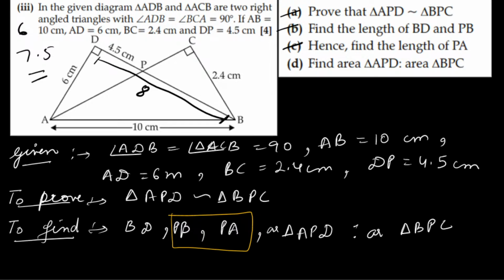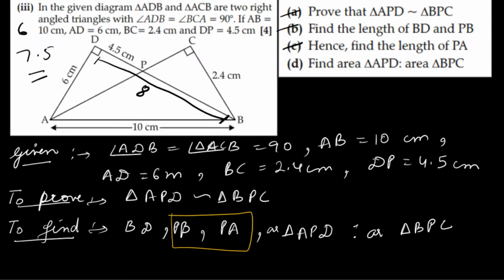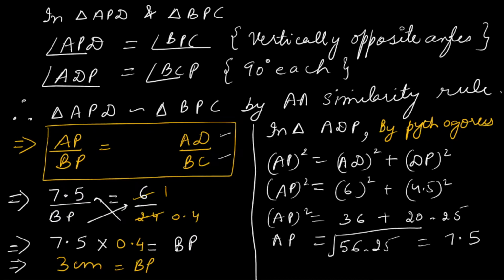AD is 6, and BC. Okay, is there anyone else who is getting BP's answer as 3.5?